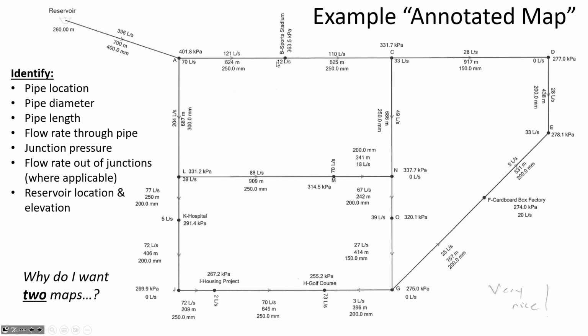All right. Now, why do I want 2 maps? It's because one of the maps is at the maximum design flow, and one of the maps is under zero flow. The big difference in those 2 maps is going to be the pressures at the junctions. Under the design condition, you'll notice this student isn't below 240 kilopascals at any of the locations in the network.